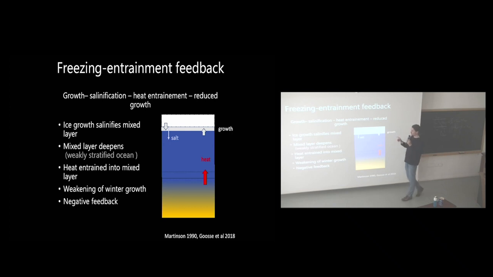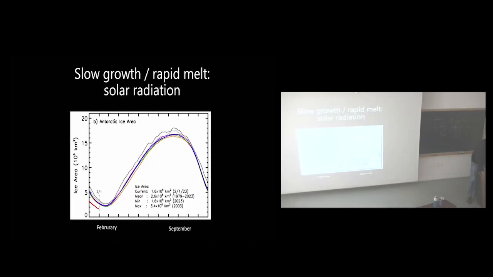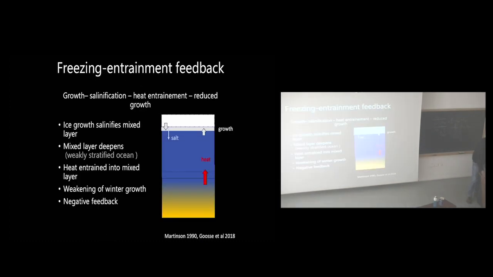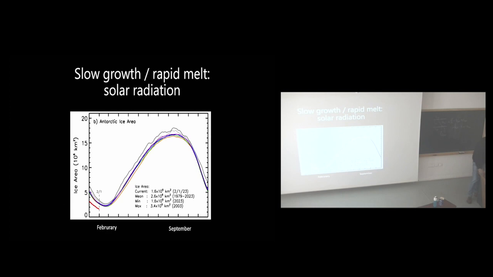So that's another specificity of the Antarctic system. And arguably, these two processes, the ice albedo feedback and the freezing entrainment feedback, explain somehow why you have this slow growth and rapid melting of the Antarctic sea ice.